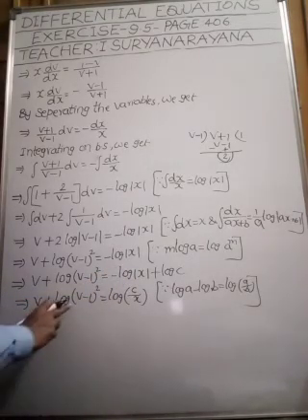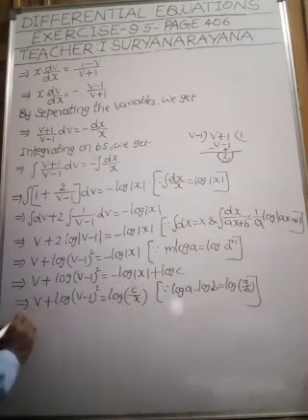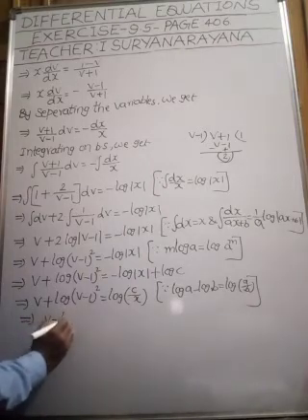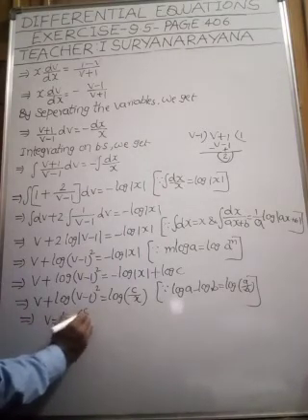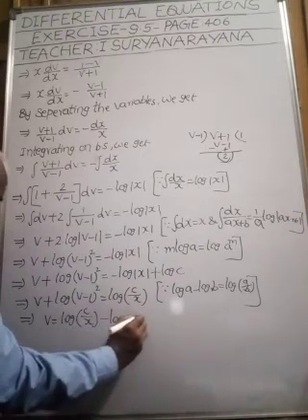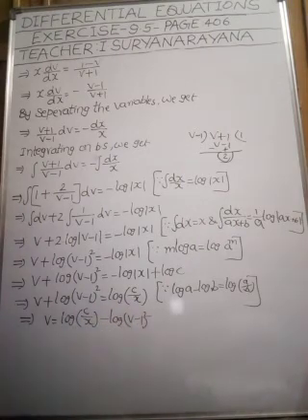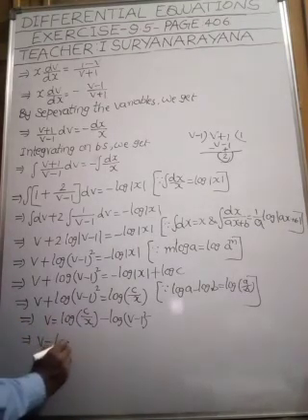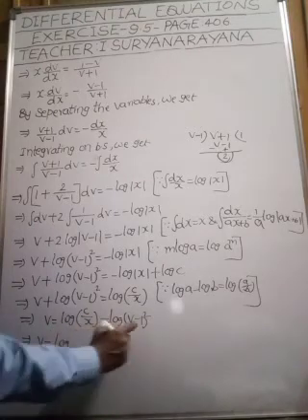Right. Again, let us move that side. v is equal to log c by x minus log v minus 1 whole square. Understood this step, my children? Right. This implies v is equal to, again we use the log a minus log b formula.